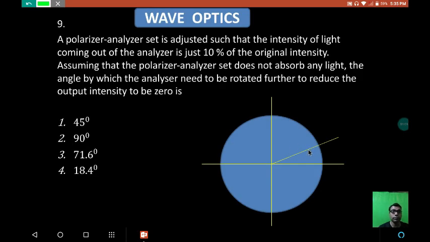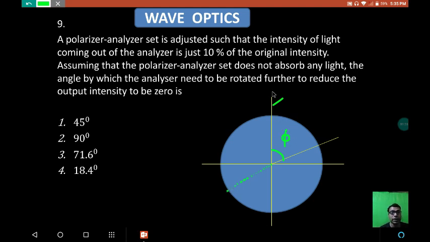Let this angle be phi, and this is the polarizer axis of the plane polarizer. We have to find this phi.